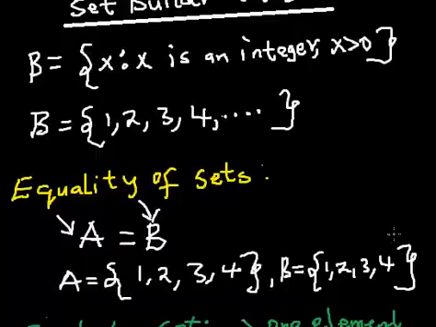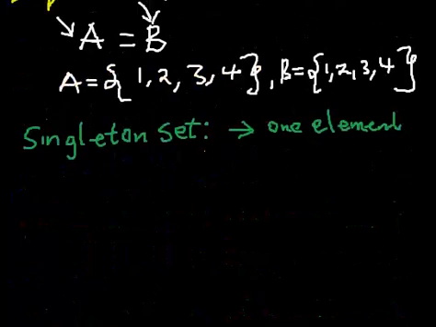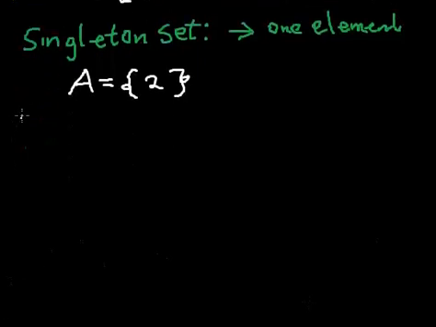It's a singleton set. For example, if A is equal to {2}, then A is a singleton set. I hope we are good. Let's go through the terms.